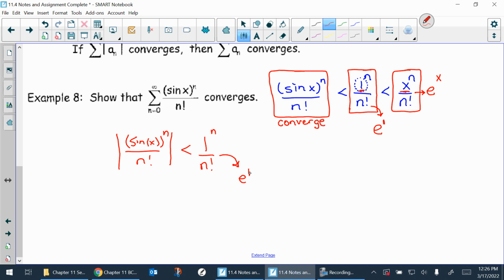So even if I take the absolute value of every single term, I'm still going to get terms that are smaller than something that I know converges. And so if I take the absolute value and I get a convergent series, I know that this converges. Absolutely.